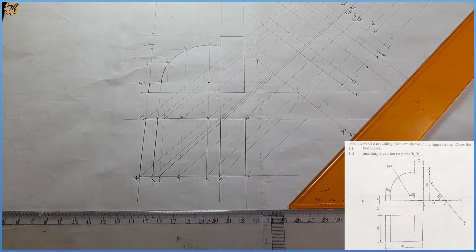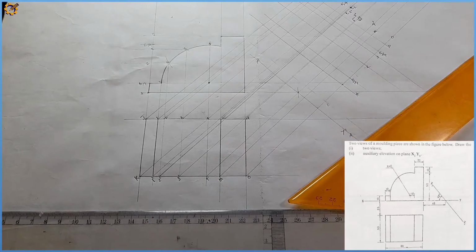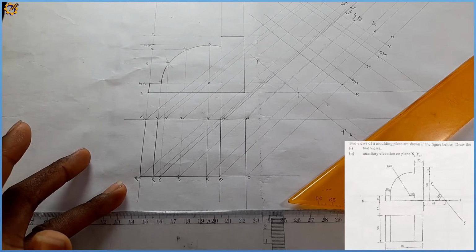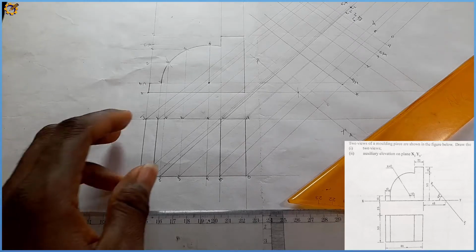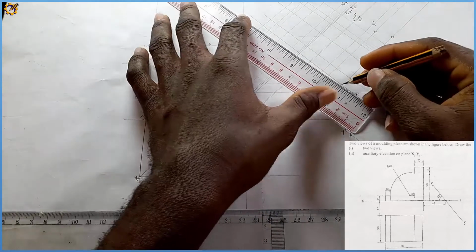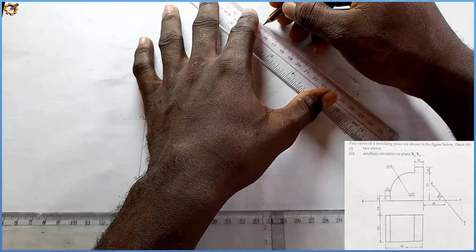So the next thing is to start tracing out our object. If you are looking at that object from that direction, we are showing the auxiliary elevation, which means we are looking at this object from this area. That is the implication. So what is the first thing we deduce? The first thing I deduce is that this area, first of all, is going to be visible, like this base. Let me sort that out first.